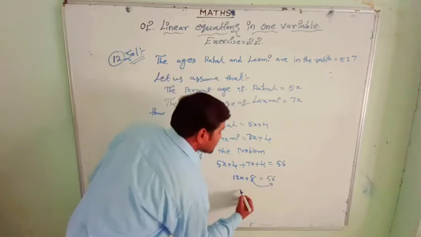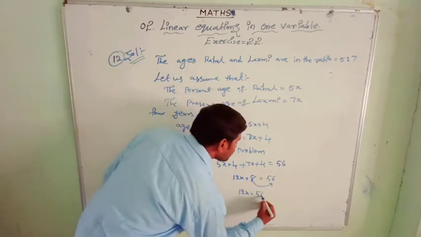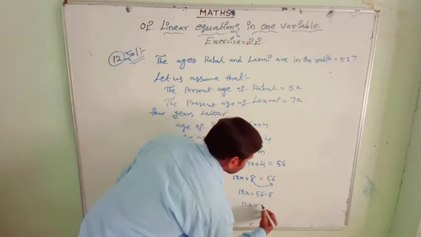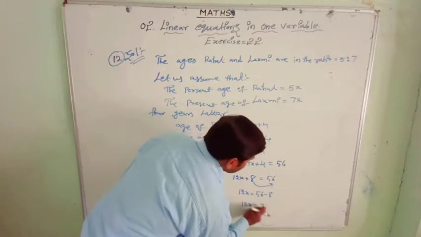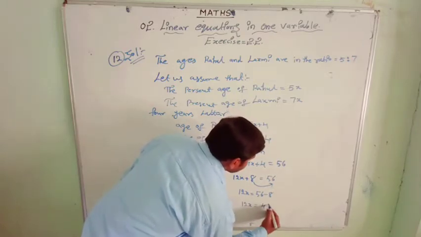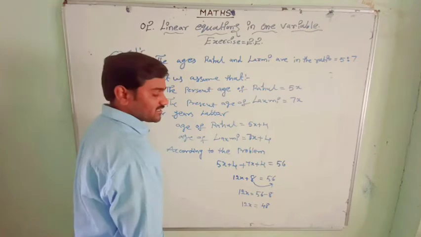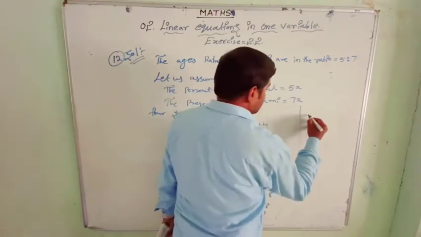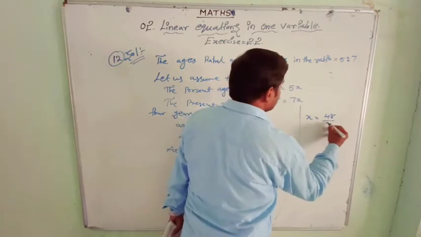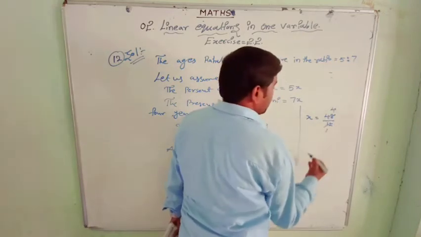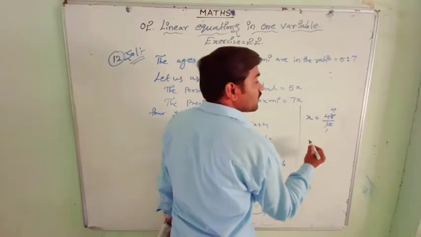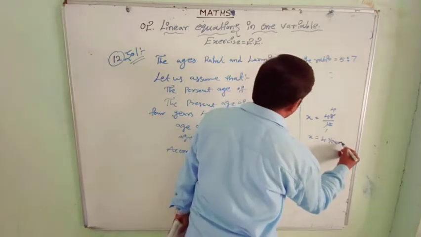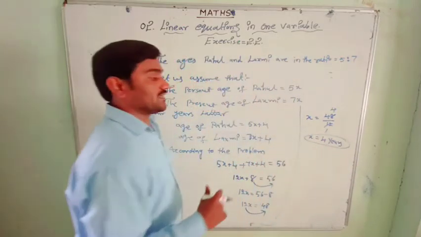This plus 8 will transfer this side: 12x equals 56 minus 8, which is 48. This 12 will transfer this side, so x equals 48 by 12. 12 threes are 36, 12 fours are 48. x equals 4 years.